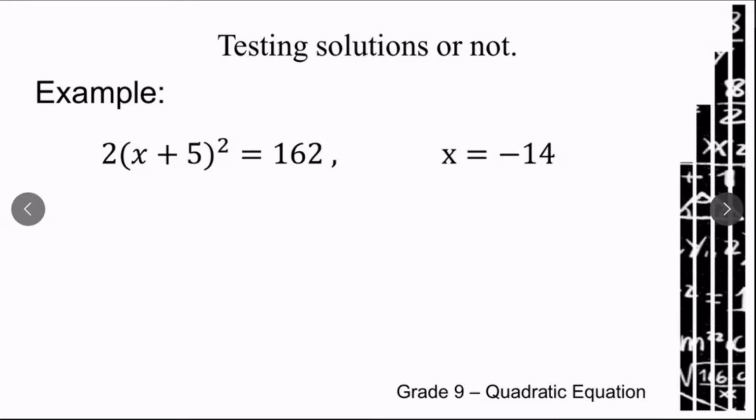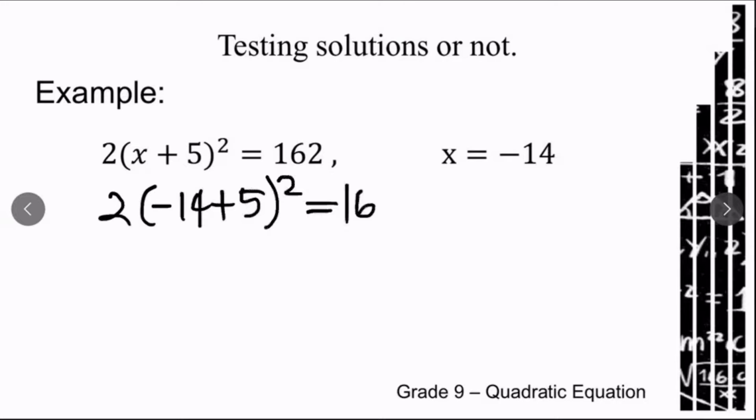So now let us solve. Once again, substituting −14 into our expression, it will become 2 multiplied by (−14 + 5)² = 162. Always be reminded that we need to solve first the values inside the parentheses before applying the square and before applying the 2.